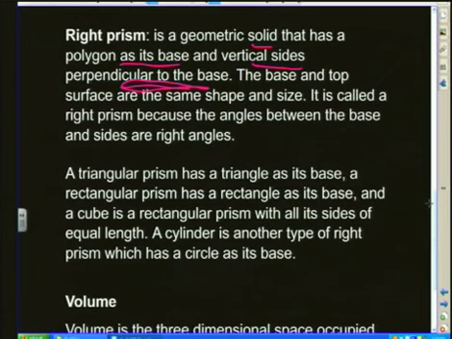So for example, the easiest one we can think of, a rectangular prism. All right, so something like that. And if you have a look at a shape like that, you would see that if the base is a polygon, remember more than 4 sides, in this case rectangular, all the vertical sides are actually perpendicular to the base. So no matter which way you look at it, all of the vertical sides would be perpendicular.